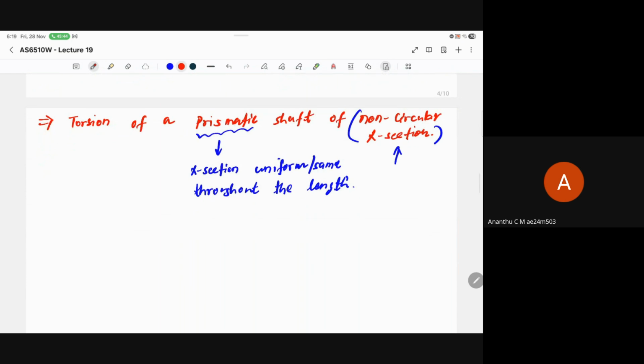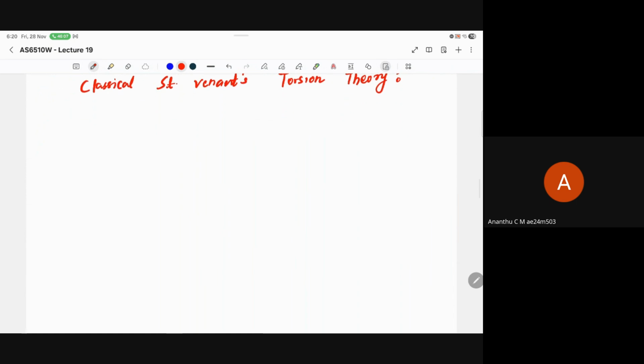And to derive the governing equation, we will make use of classical Saint-Venant's torsion theory.